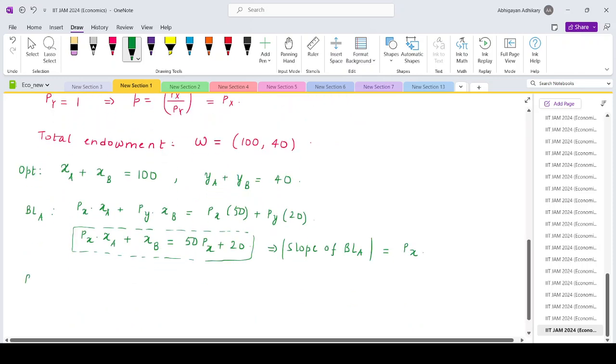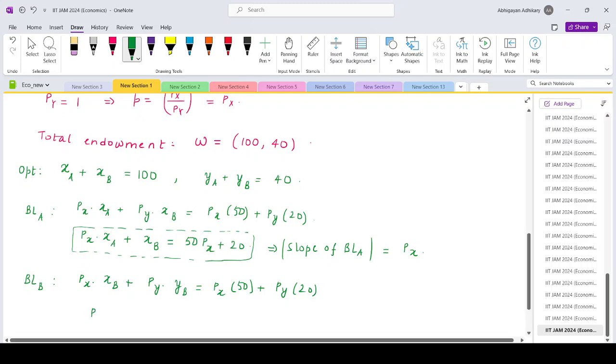And in a similar way, what is the budget line for individual B? It will be Px into Xb plus Py into Yb is equal to Px into 50 plus Py into 20.